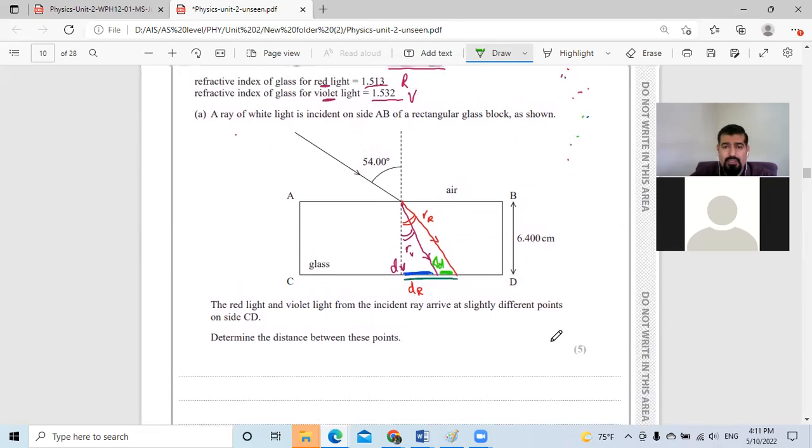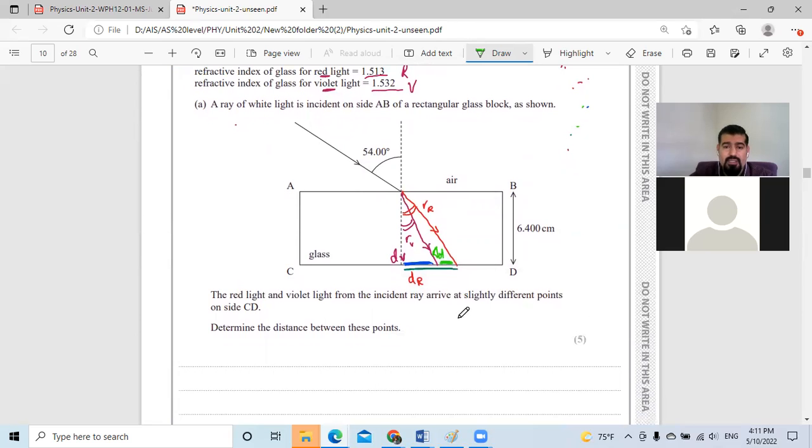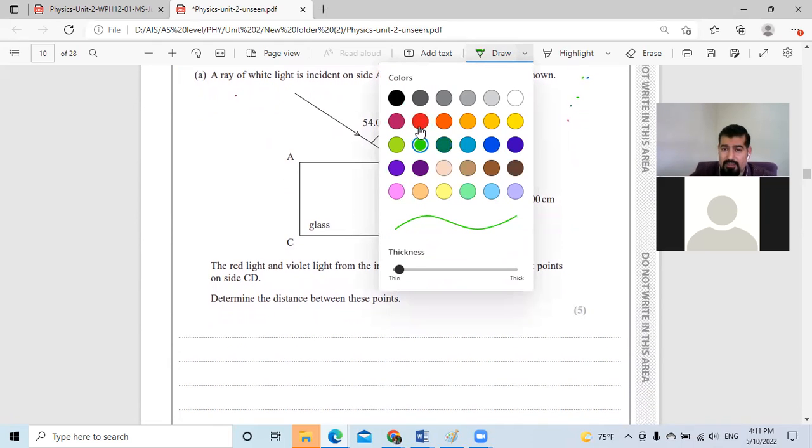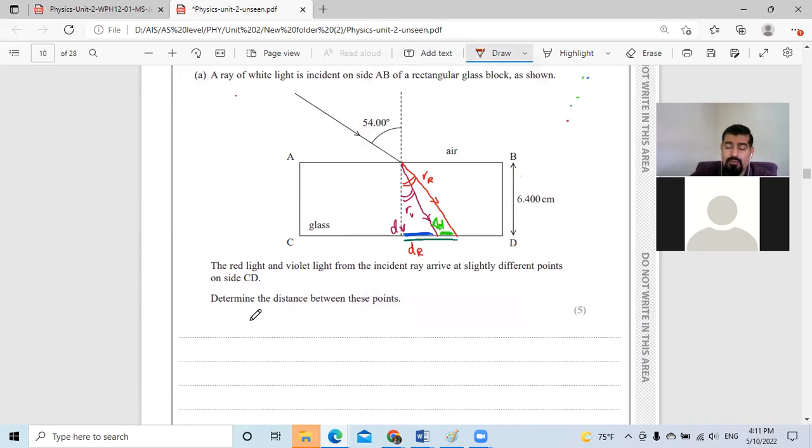So what do we need to find out? We need to find the refracted angle for each one of them. So we are going to use the same formula twice: Ni sine I equals Nr sine R. I'll do the red one with the red, then the violet one with the violet, then I will find the difference between them.